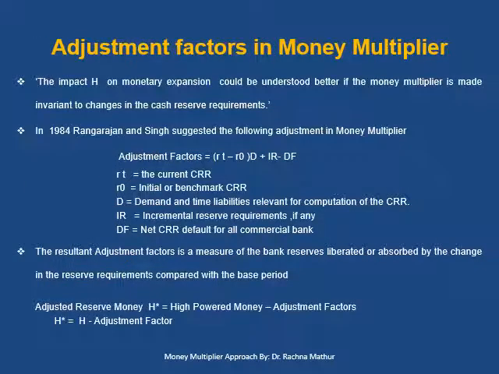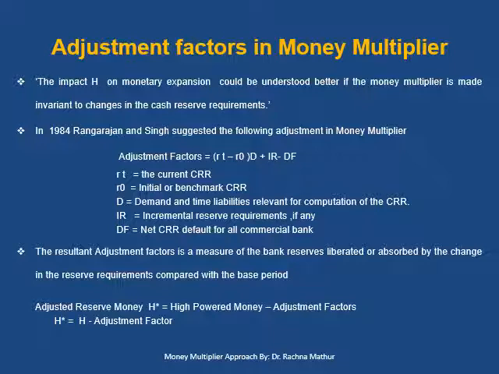Now let us see the adjustment factor in the money multiplier. I will be discussing the adjustment factor in detail in my next video; I am just giving a brief picture of it. In 1984, Rangarajan and Singh suggested an adjustment factor in the money multiplier, which consists of current CRR minus initial CRR, into demand and time liabilities, plus incremental reserve minus net CRR default of all commercial banks.